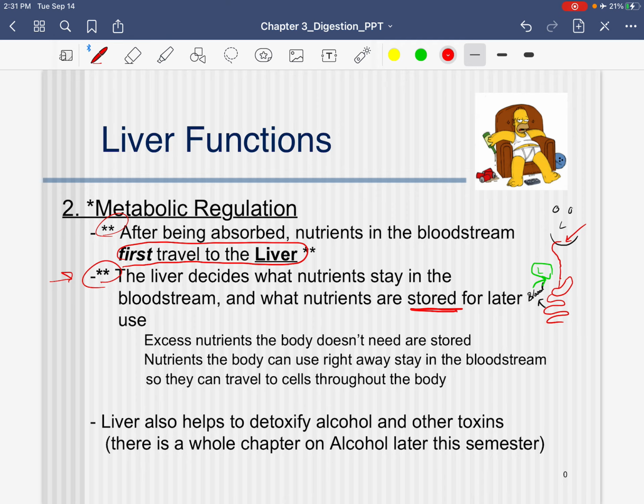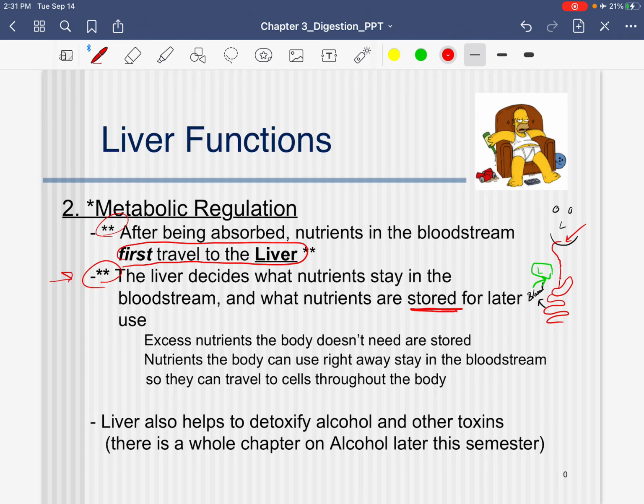This is why it's possible for us to not eat for 6 hours and still be alive. If you don't eat for 6 hours, your body's not getting a steady stream of blood glucose. But no worries, because your body can go to the liver and it can pull some of the stored sugar off the storage shelves. So this regulation is a part of the liver.